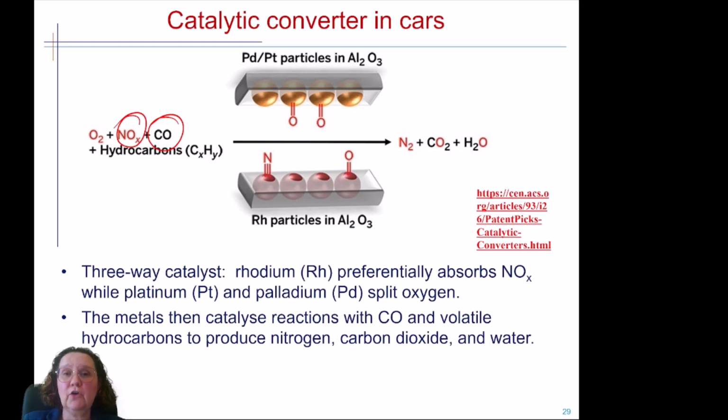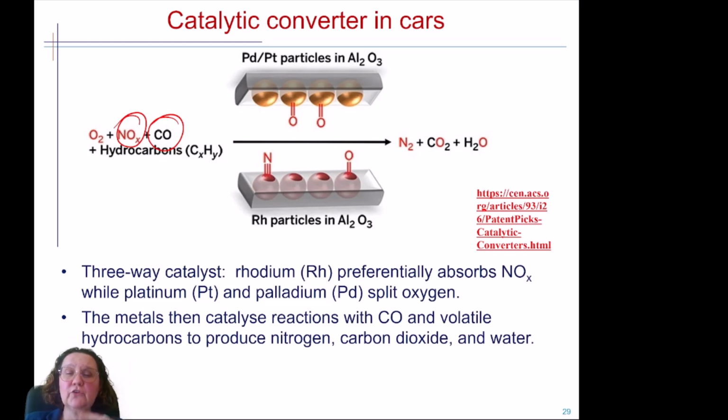helps split the oxygen. And then you've got a place for the oxygen atoms to react with the carbon monoxide to convert it into carbon dioxide, and you've got a place for the atoms of nitrogen to react with each other to produce N2, and you have a place for the hydrogen of the hydrocarbons that haven't reacted fully, and the oxygen to produce water.